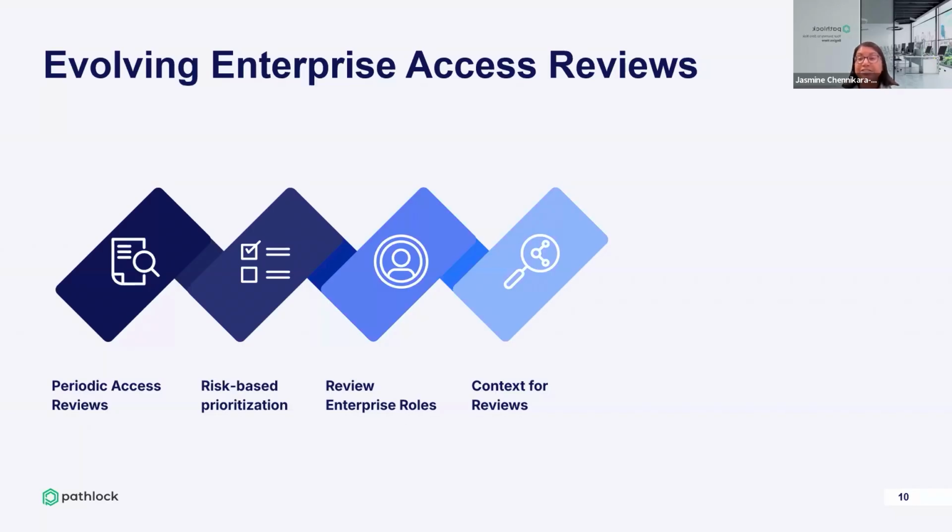Is this access tied to sensitive data or segregation of duties, or SOD, risks? By integrating these analytics, the reviews become smarter. The reviewers become smarter. We're not solely relying on the role names and descriptions, but we're using real-world insights to guide decisions. And the goal here is to make those access reviews meaningful, defensible, and actually impactful.